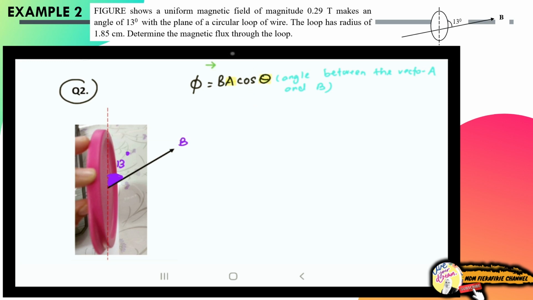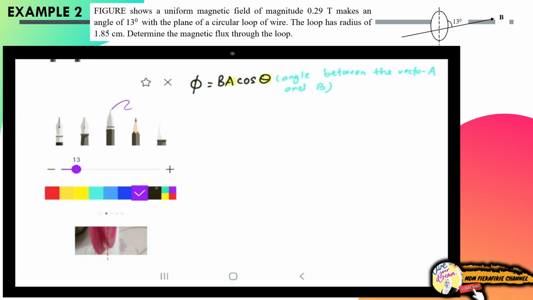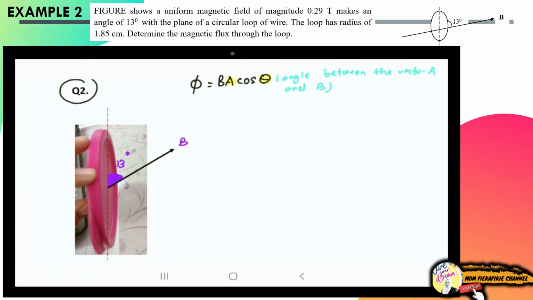But when we look at the magnetic flux equation, theta is the angle between the vector A and B. Vector A must be perpendicular to the plane. So let's draw vector A. Here we have the plane, and vector A must be 90 degree to the plane.